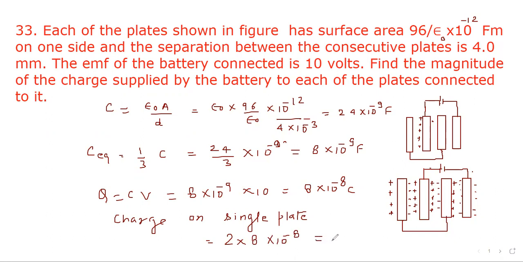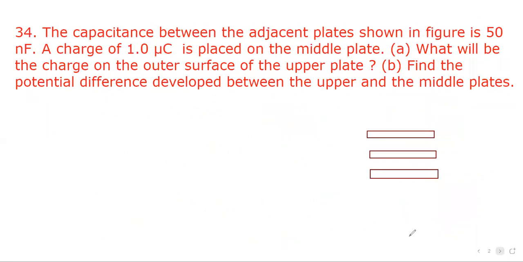That is 16 into 10 to the power minus 8, or 0.16 into 10 to the power minus 6, which is equal to 0.16 microcoulomb. Now, let's go to the next question.